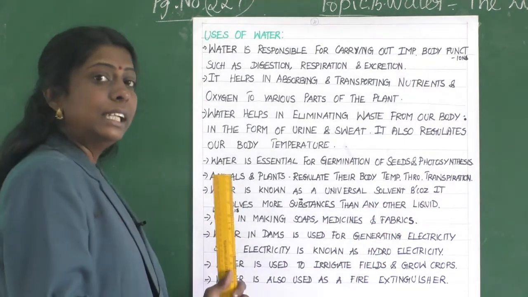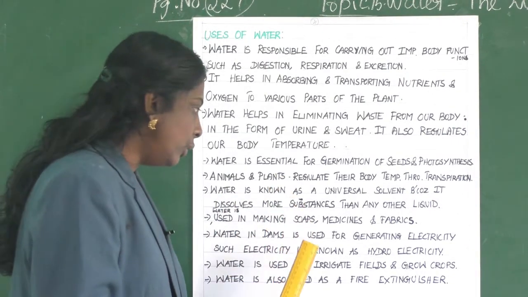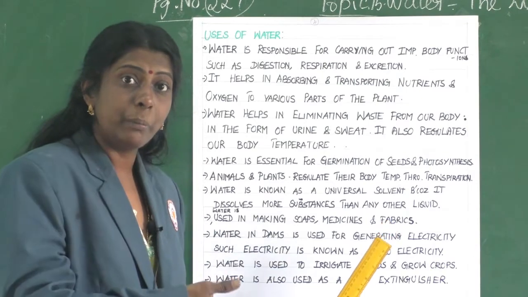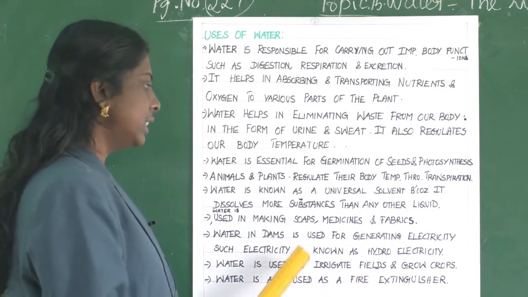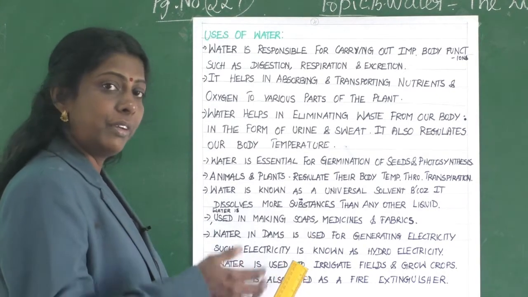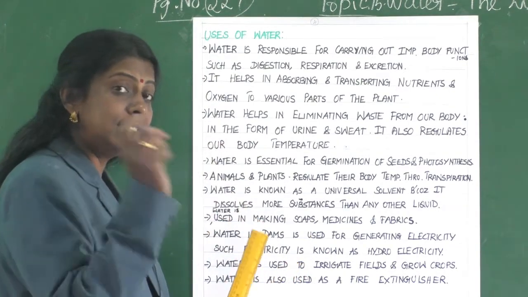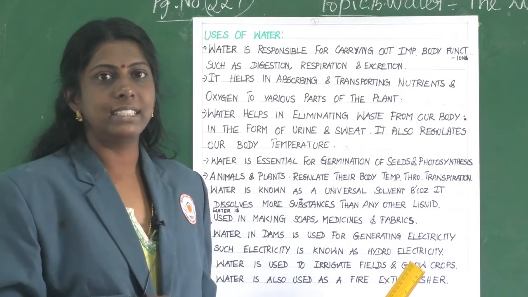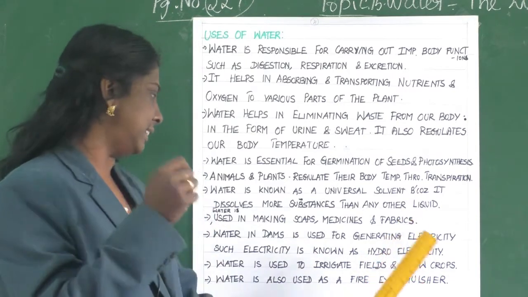Then water in dams is used for generating electricity. Such electricity, where we are getting electricity from water, is known as hydroelectricity. What is that? Hydroelectricity.